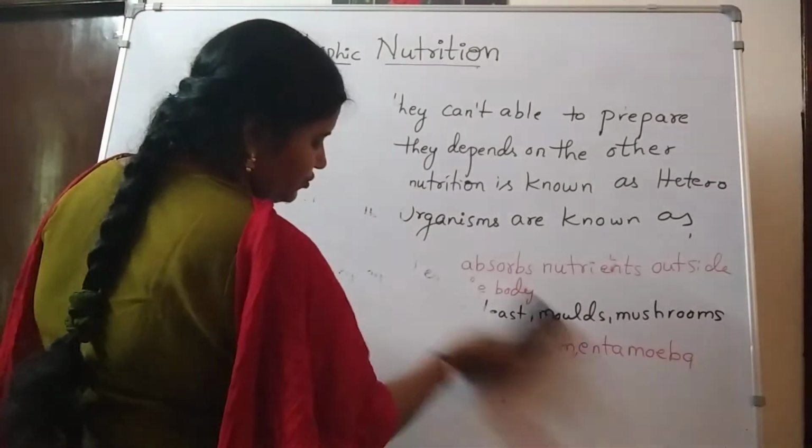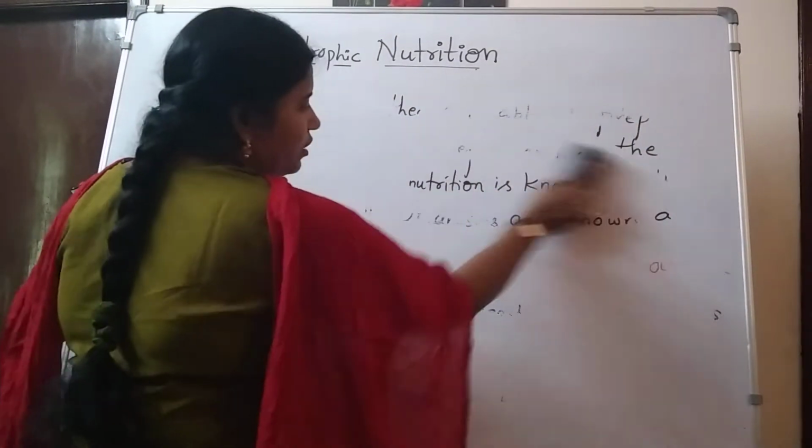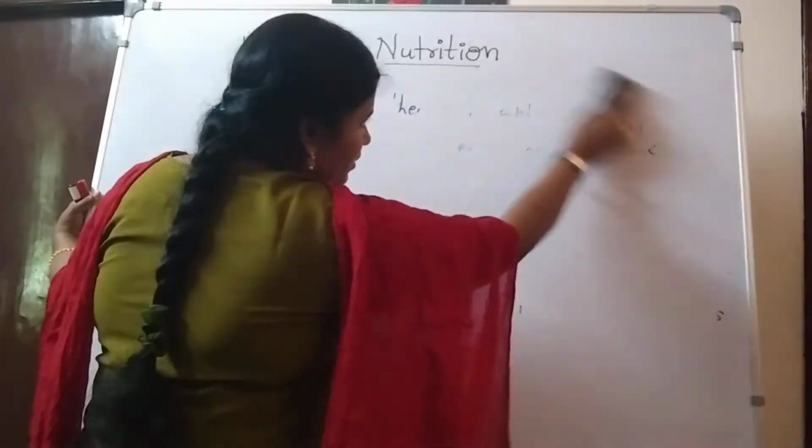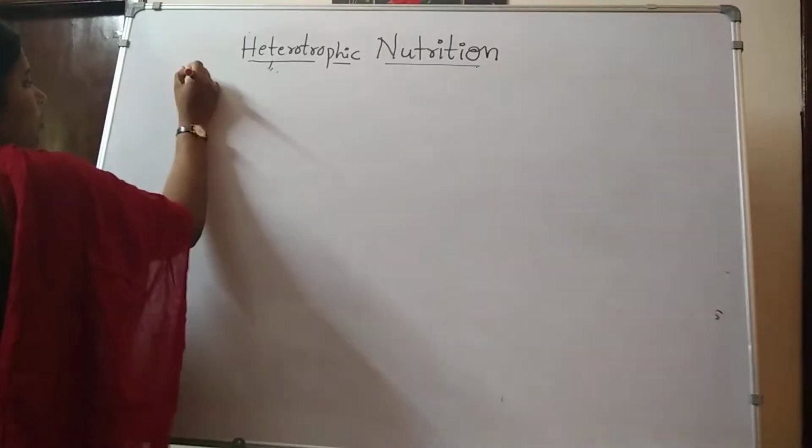Heterotrophic nutrition in the unicellular. Unicellular means what? How many cells are present in the body? Only one cell. Only one-celled organisms are known as unicellular organisms.